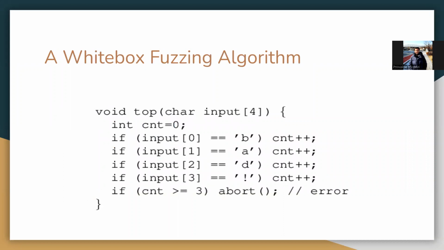To explain the whitebox fuzzing algorithm, let me first talk about this simple function. We see a function top. This program takes 4 bytes as input and contains an error when the value of the variable cnt is greater than or equal to 3. Now, if we run the program with random values for the 4 input bytes, then we are very unlikely to discover the error.